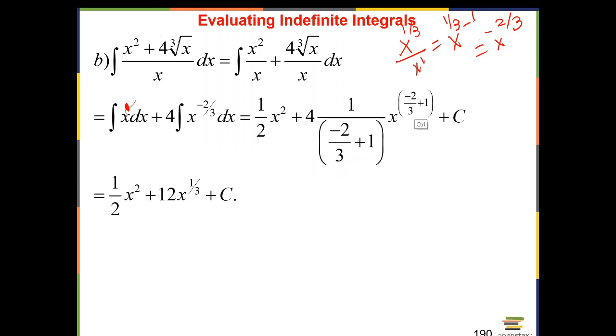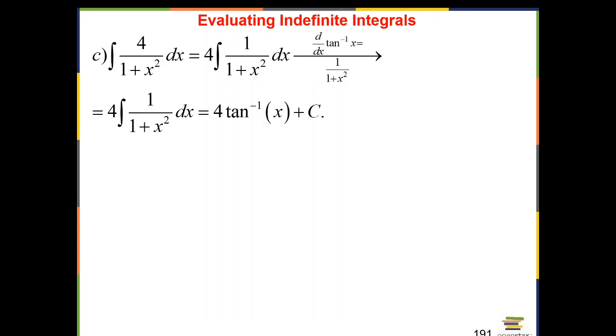Now negative 2/3 plus 1 is just 1/3, and this is 1/3. 1 over 1/3 is 3, and 3 times 4 is 12. And it would be x to 1/3 plus c. That's the answer for the B part. Again, make sure to stop the video and make sure you follow what I just did.